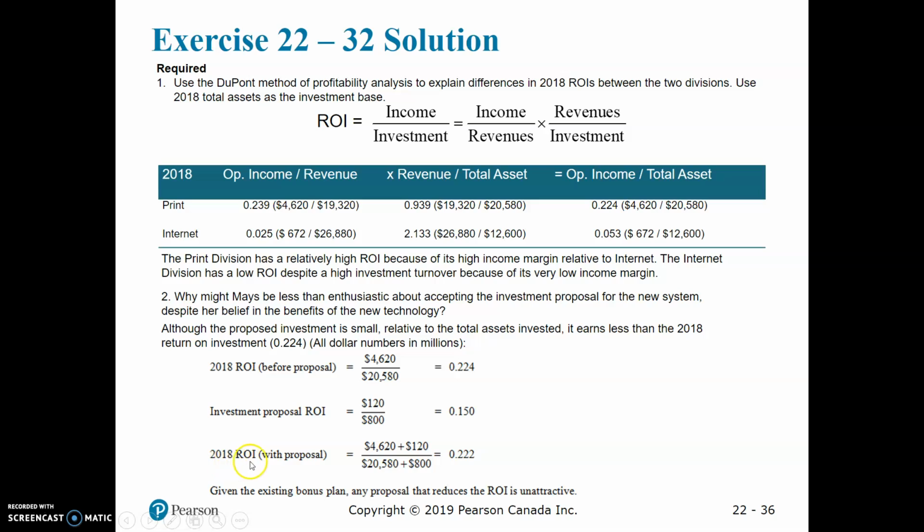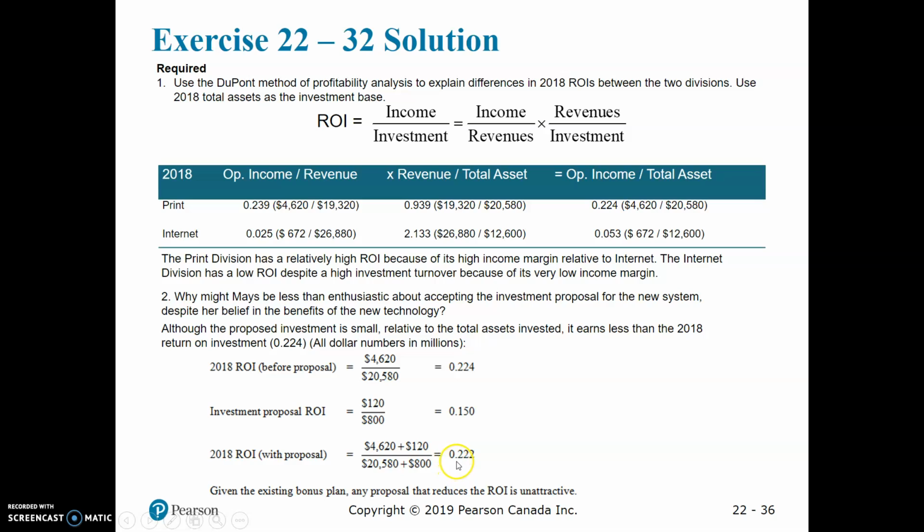So the combined 2018 ROI, which is the ROI with the proposal, is 4,620 plus 120, which is the operating income of 2018 plus the operating income of the proposal, divided by the total investment, which is 20,580 for 2018 plus another $800 for the proposal.